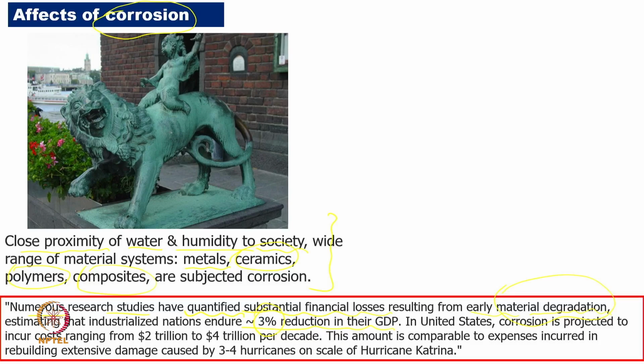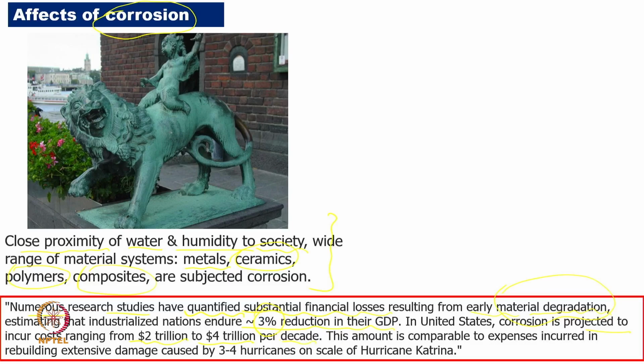Now, we can analyze why this is happening, why in our case it is 5.95 and in their case something like 3%. But whatever the number, even the 3% we are indicating for the USA, this report says that in the United States, corrosion is projected to incur a cost of roughly $2 trillion to $4 trillion per decade. That means 0.2 trillion to 0.4 trillion per year.